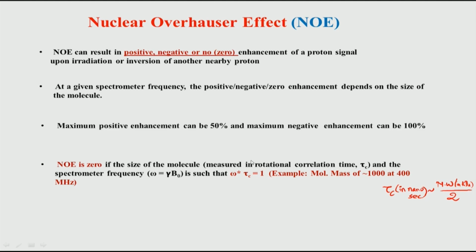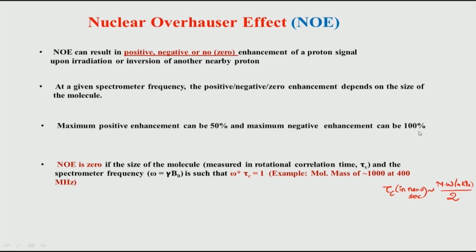So, what is the maximum possible enhancement that you can achieve, given that you are not in this regime, that means you are not equal to 1, you are either below 1 or above 1? If you are above 1, we say that the NOE effect is negative, that means it is a negative enhancement, the peak intensity will decrease if I irradiate a neighboring hydrogen. The maximum negative enhancement can be up to 100%.